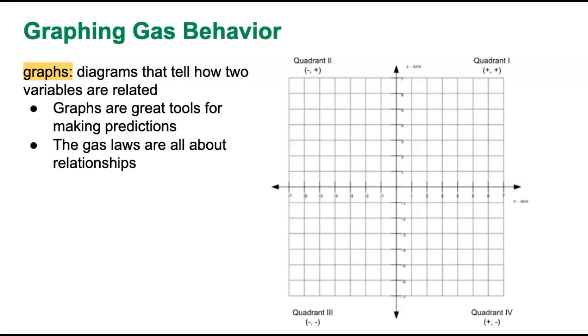Those are the things we're going to keep the same in order to have a better understanding of the purpose of the experiment, the question, the hypothesis. And then there are also dependent and independent variables. An independent variable is the variable that is changing in an experiment. That's going to be one of the variables that runs along an axis on your graph. The other variable is the dependent variable.